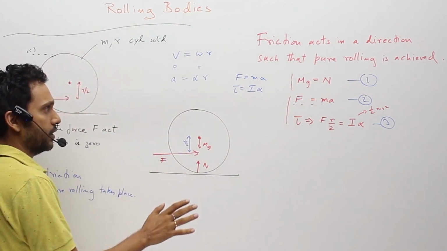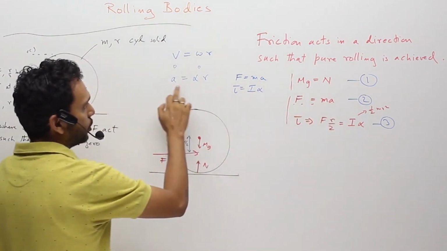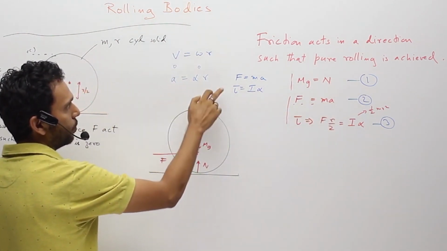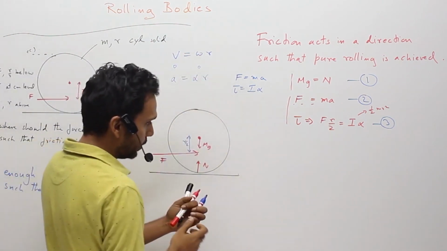So these are the equations when no friction is acting. Let me just compare my A with alpha R. Does it match, as A is equal to alpha R, or is alpha R greater, or is A greater? Let me just see.